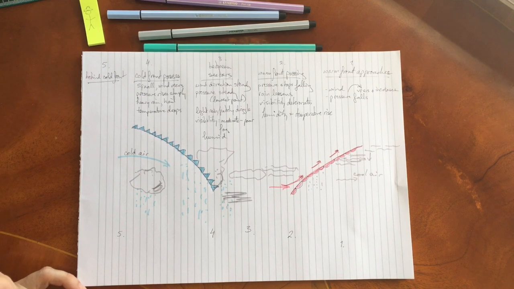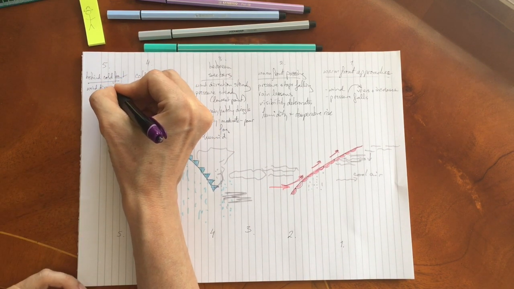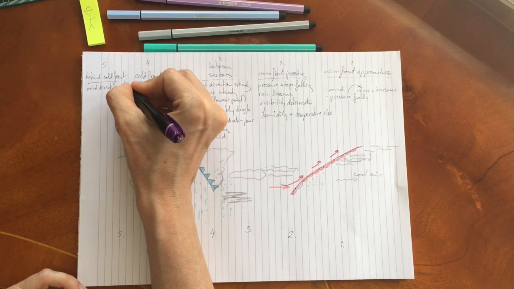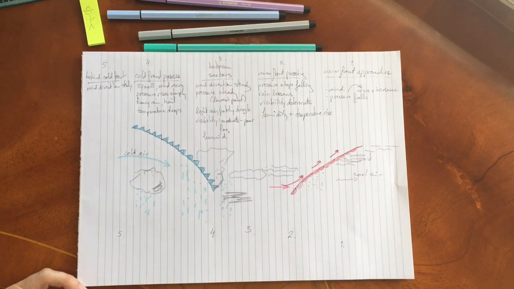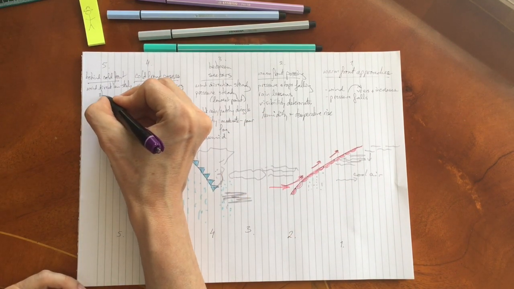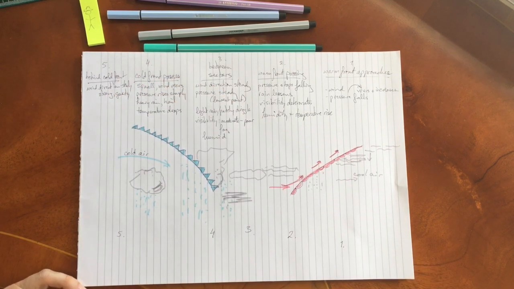So behind the cold front, our wind direction for you racing sailors is steady. Also, wind is going to be strong and gusty. So that's what you can expect behind the cold front.